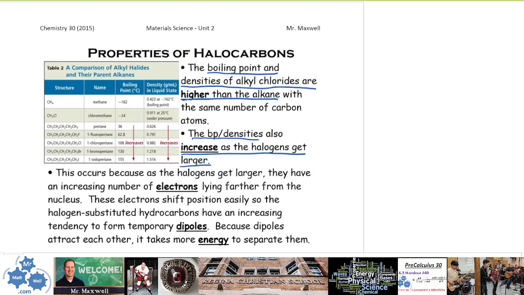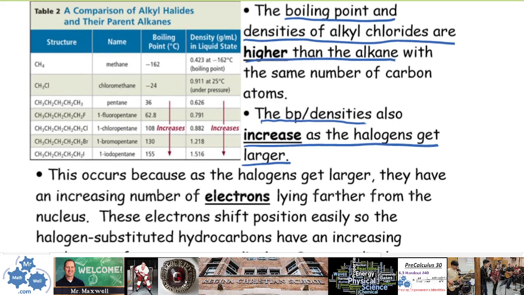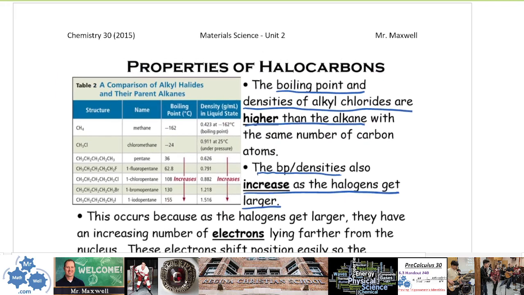All right, let's talk about properties of halocarbons. What are the properties? What are they like? Well, you can imagine, probably you're thinking about halogens. They have a high electronegativity, right? They like to form bonds. The halogens themselves form 1 negative ions. They have a high electron affinity.